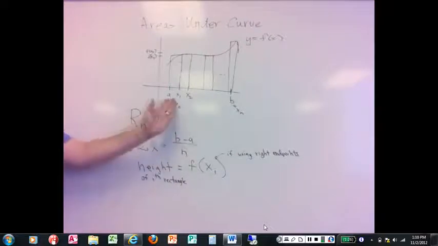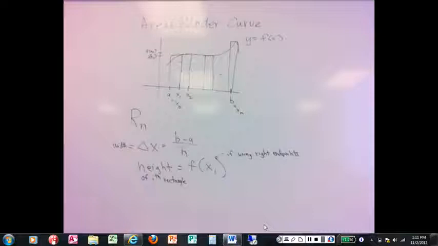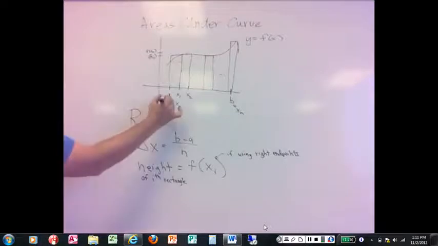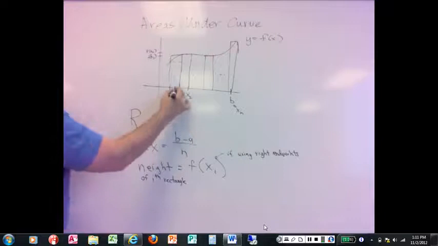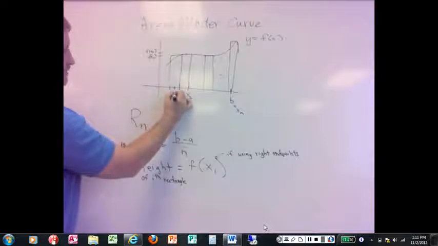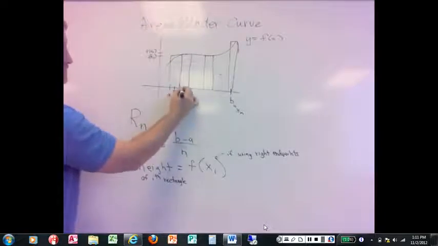Now, one other notation, we'll use this later on too, but just while we're in the mode of notation here. What about midpoints? Well, midpoints are usually denoted with a bar. So this midpoint here would be x sub 1 bar. This midpoint here would be x sub 2 bar.